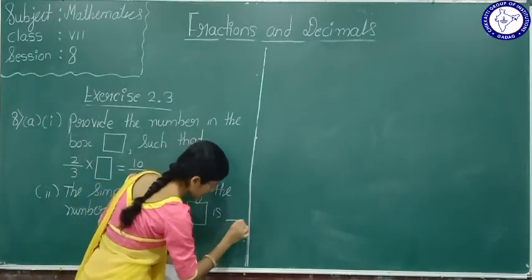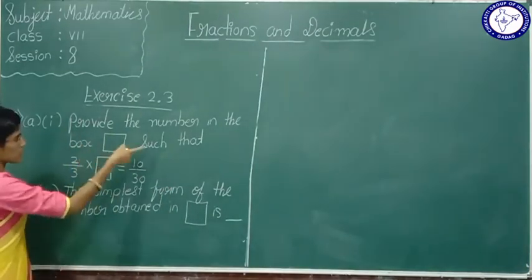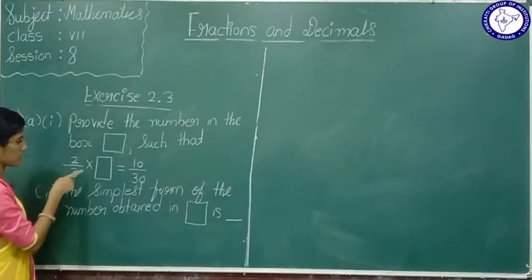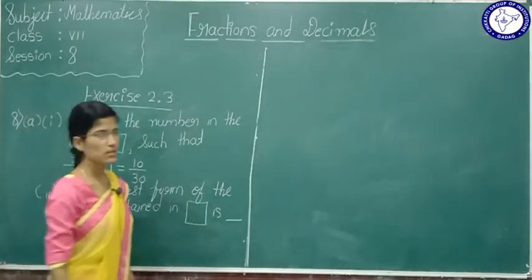Now see, provide the number in the box such that 2 by 3 multiplied by the box is equal to 10 divided by 30.